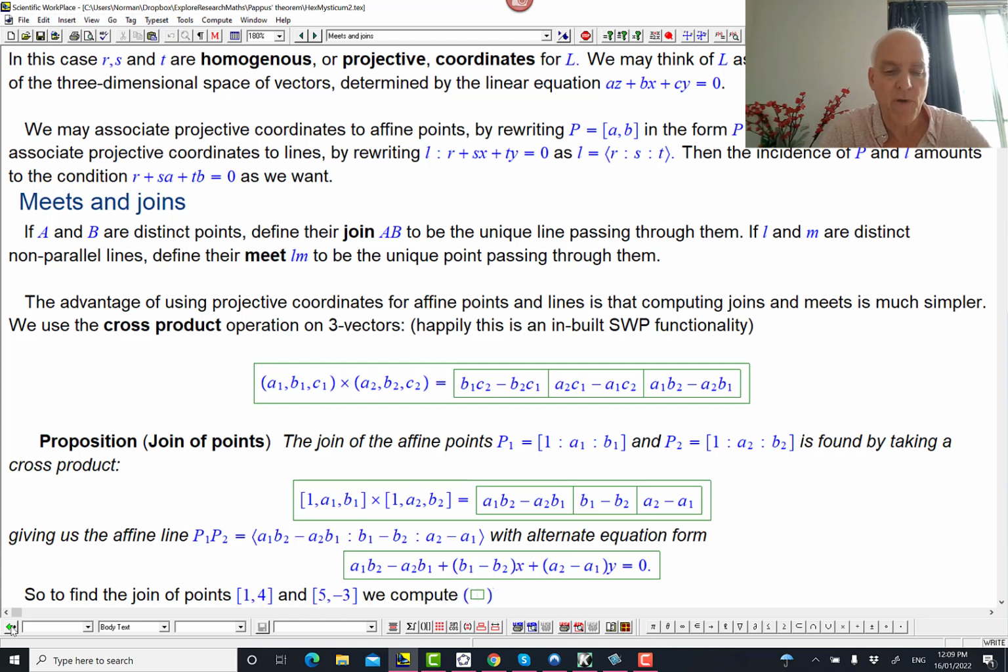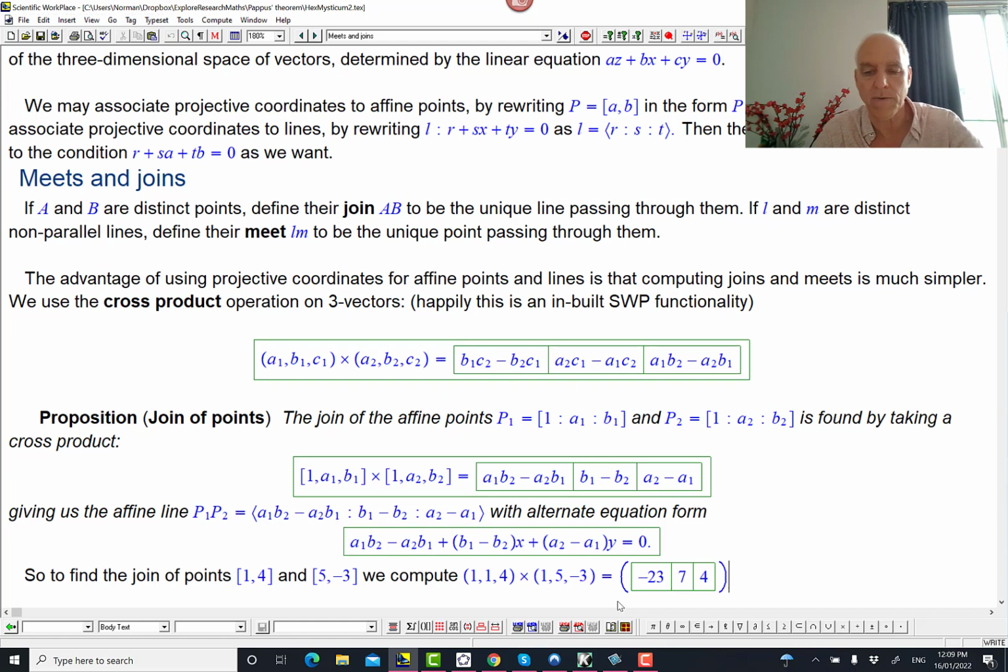We compute the product of 2 vectors, (1, 1, 4) cross (1, 5, -3). Now, I'm not putting colons here because Scientific Workplace insists that I write the vectors with commas in order for this cross product function to work, okay? So, but I'm just playing along with Scientific Workplace, and I get (-23, 7, 4).